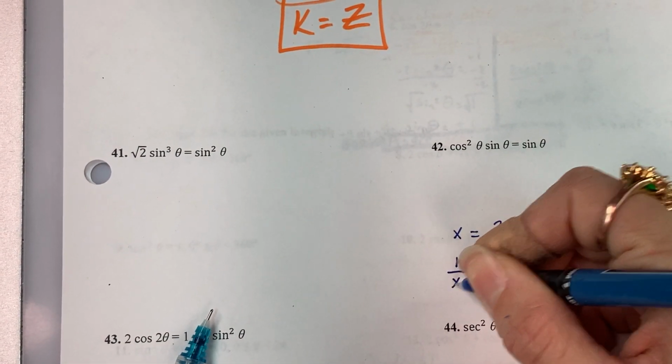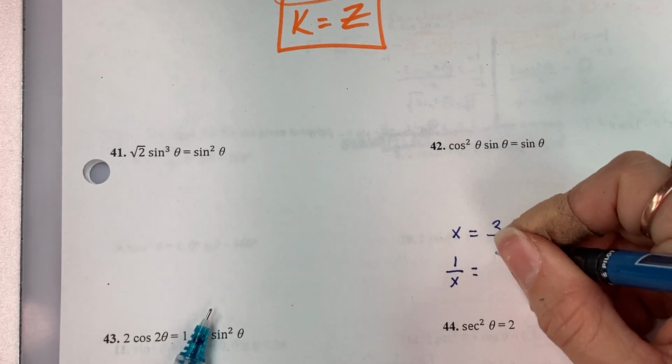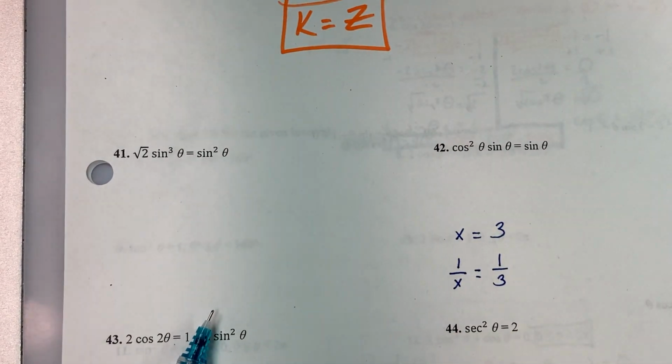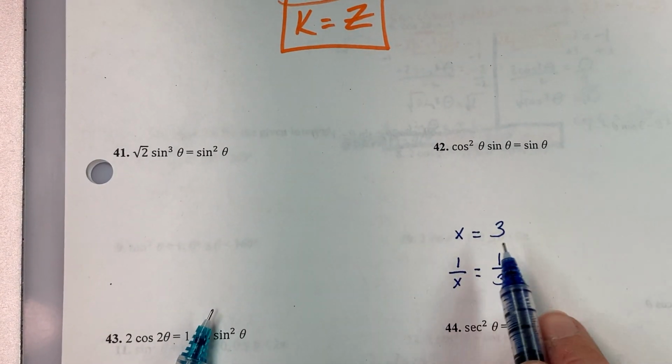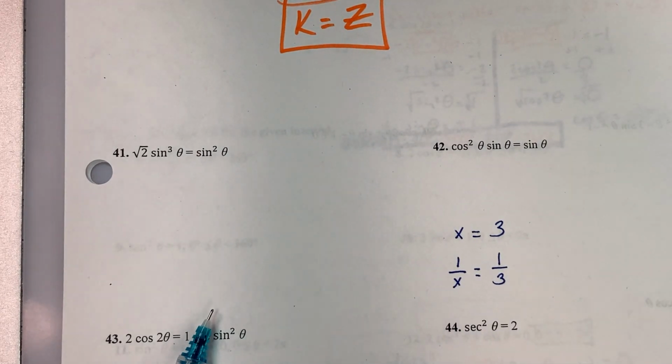Is 1 over x, the reciprocal, equal to 1 over 3? As I can see with corresponding parts, x would still be equal to 3. So I can reciprocalize both sides of an equation and still get something that is true. And it's based on how things work with cross products.